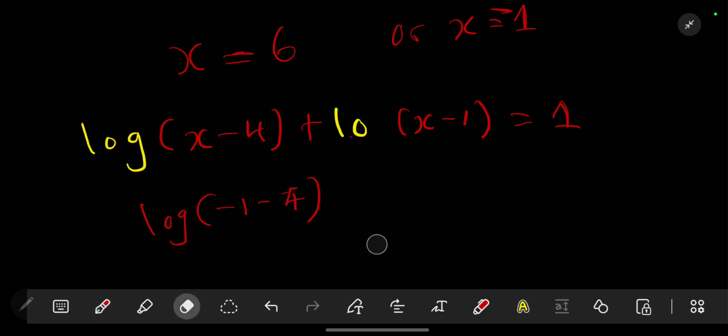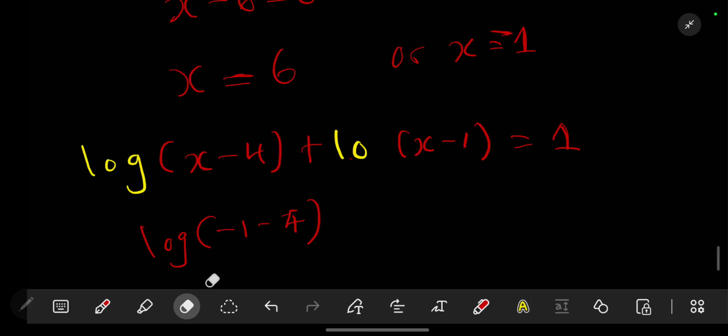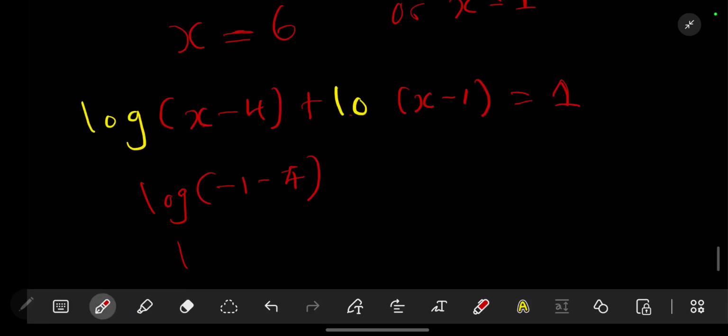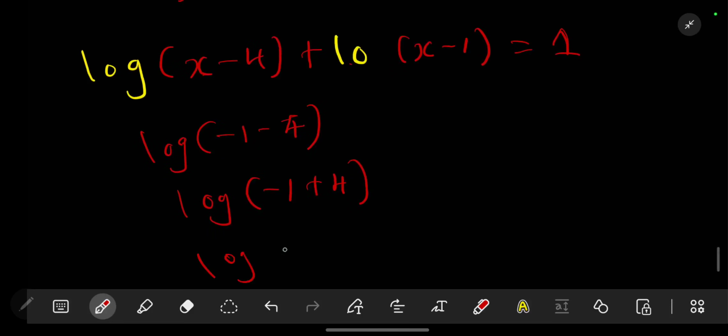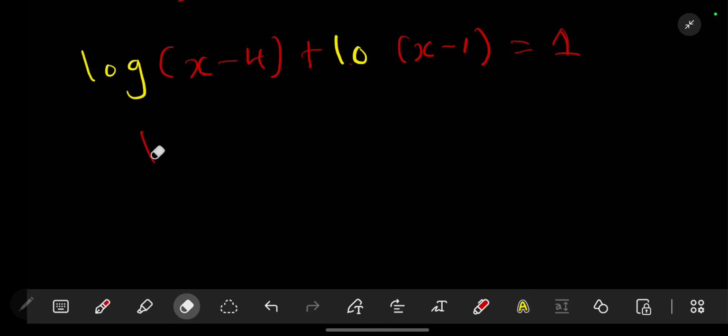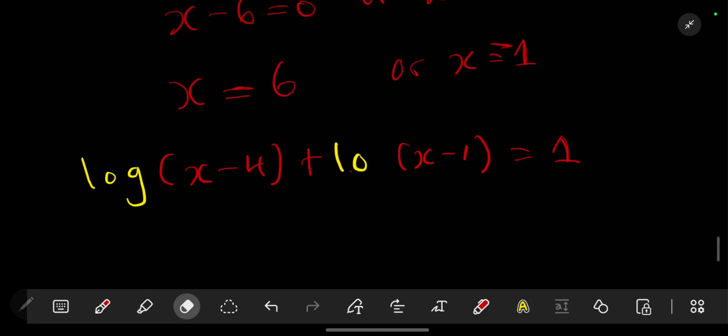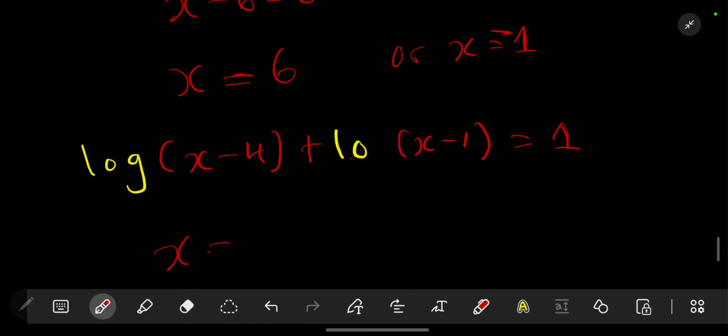Now it doesn't mean that whenever you have a negative it shall be discarded. No, we can have, let's say we have the log of negative 1 but the number inside is plus 4. This can be evaluated, log of positive 3. But if it's giving you a negative, it means to say x is equal to negative 1 is discarded.